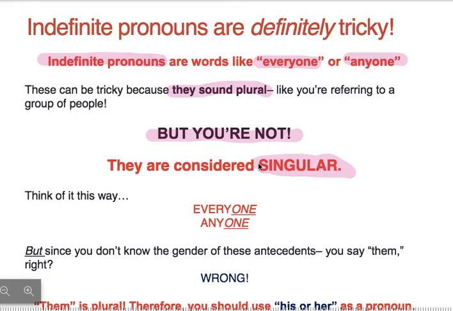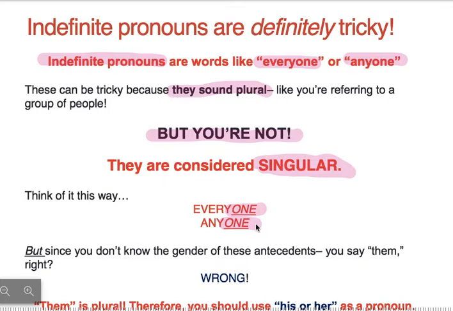So a trick here would be to think of it this way. Every one and any one. Emphasizing that one helps remind you that we're considering those pronouns singular. So every one person. Any one person.